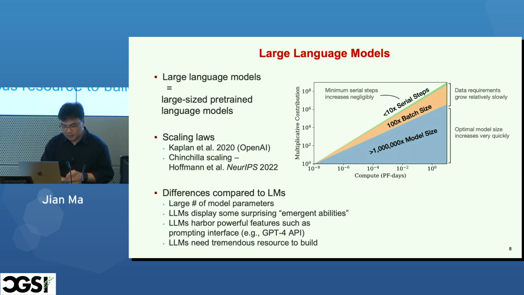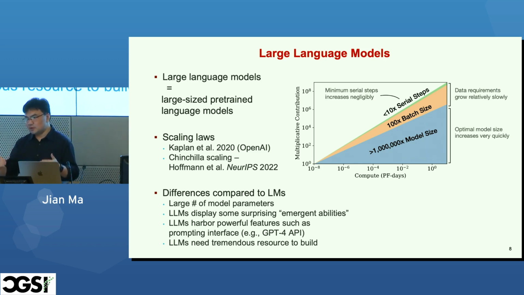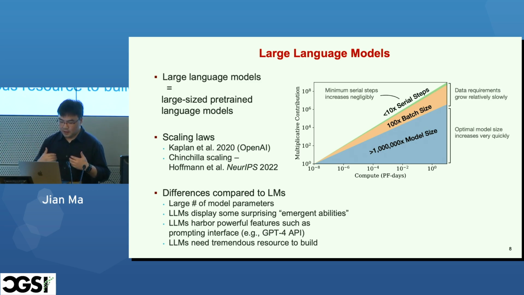And large language models need to have so-called emergent abilities. That is, when the model reaches a certain level, it can do things that smaller models cannot do. So there is some kind of turning point where the model starts to behave in a very powerful way. Also, as we all know with GPT-4, they have these APIs.